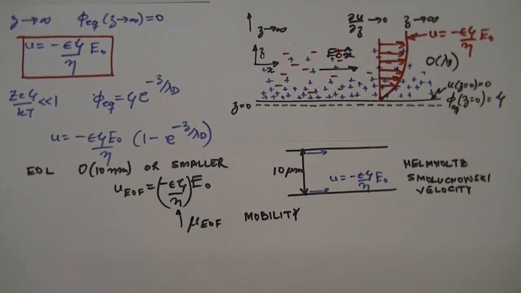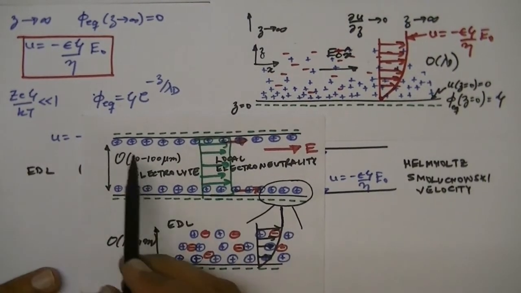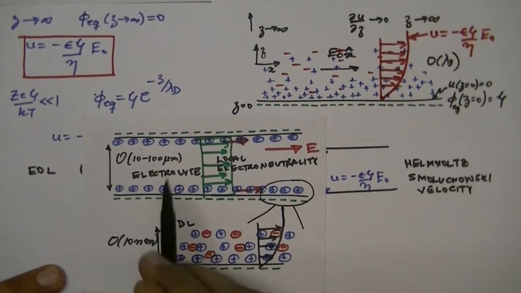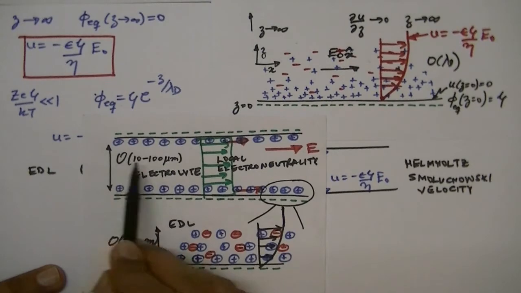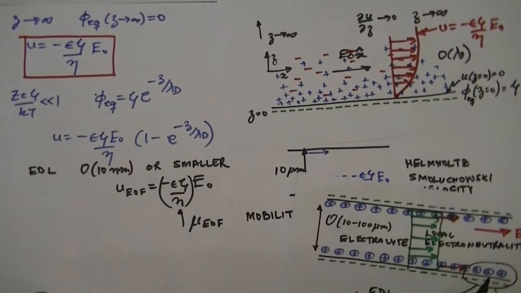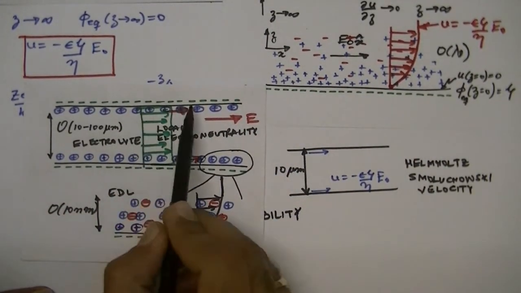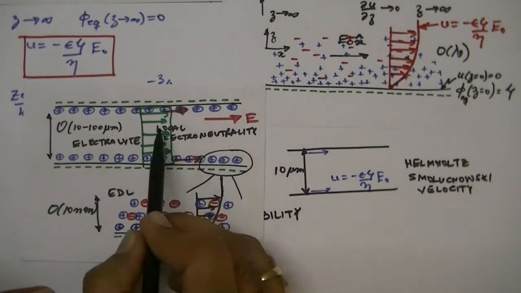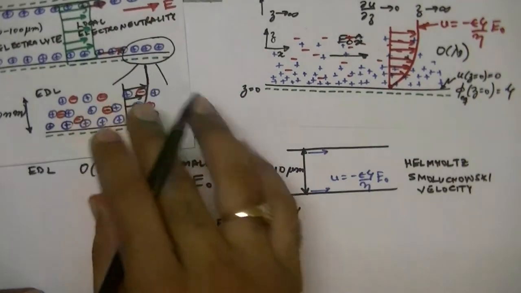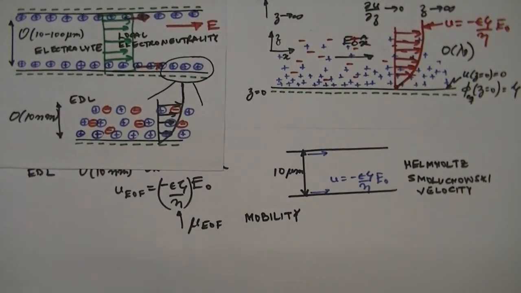Here we have looked at the case of a single flat plate, but if you look at a microfluidic channel, let's say a two-dimensional channel where we have these two flat plates and there's an EDL which is really thin next to these charged walls, and you apply an external electric field, it would appear that the flow is slipping at the walls with this velocity, and because the flow is slipping at the walls, we'll get a plug flow profile with no gradient in velocity, and throughout the depth of the channel the velocity would be given by this particular relation.